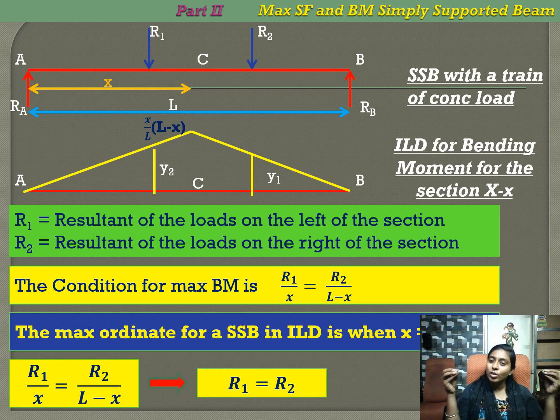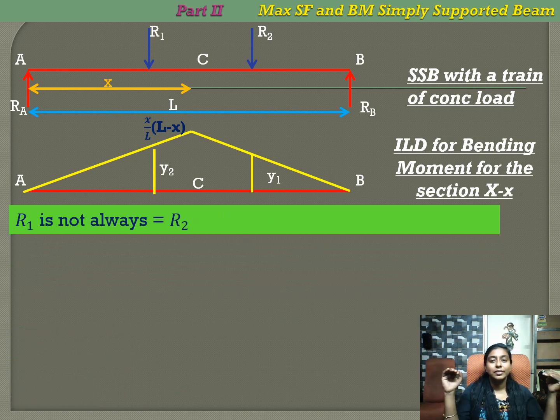Then it is okay, R1 will be equal to R2, and we can take the condition R1 by X is equal to R2 by L minus X. Suppose 6 concentrated loads are given as 40, 30, 20, 10, etc. It's not possible. So we come to a conclusion that R1 is not always equal to R2.